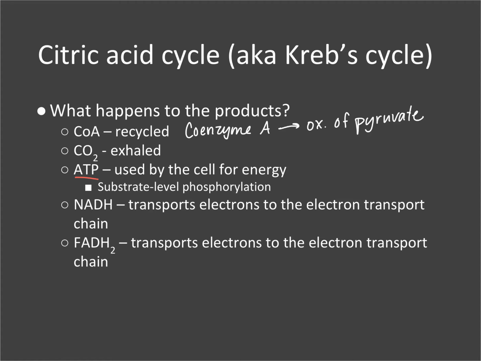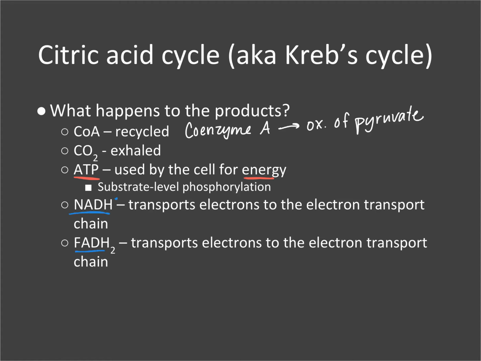The ATP that we made is used by the cell for energy. So we made a little bit of ATP during glycolysis, we made a little bit during the citric acid cycle, and this is ATP that's ready to use by the cell. We also made the NADH and the FADH2.